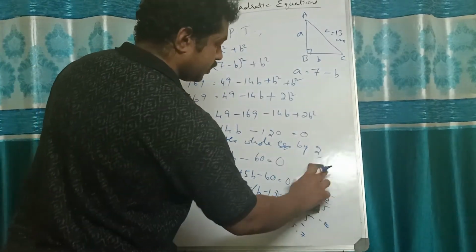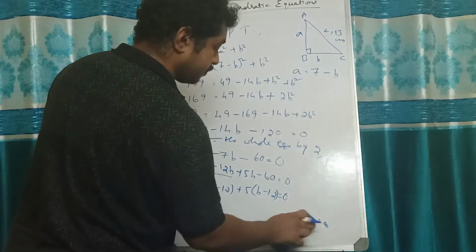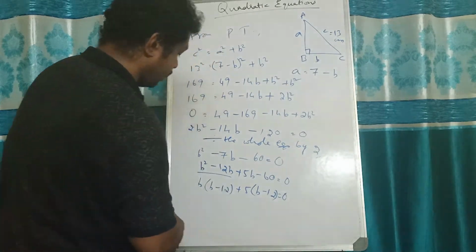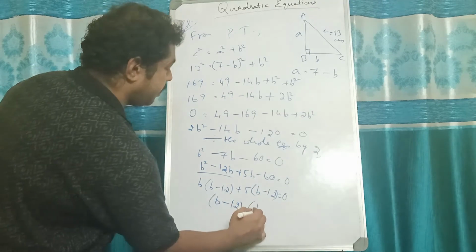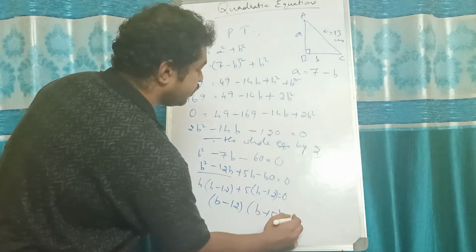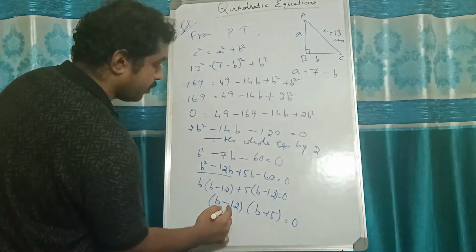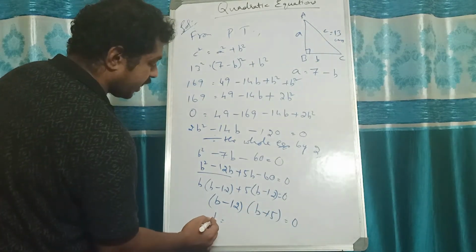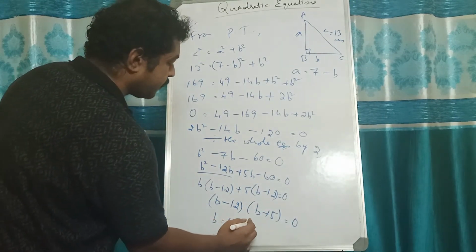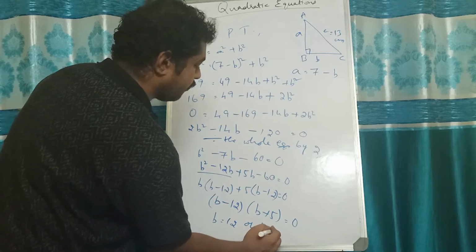So b minus 12 multiplied by b plus 5 equal to 0. Either b minus 12 equals 0 or b plus 5 equals 0, and finally b equals 12 or b equals negative 5.